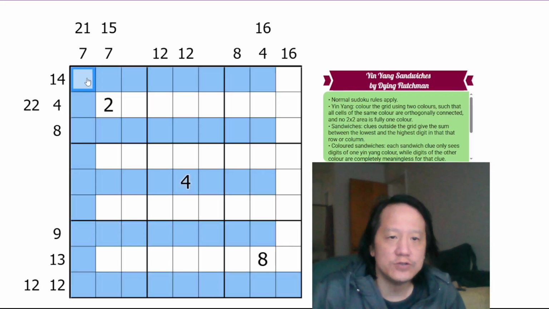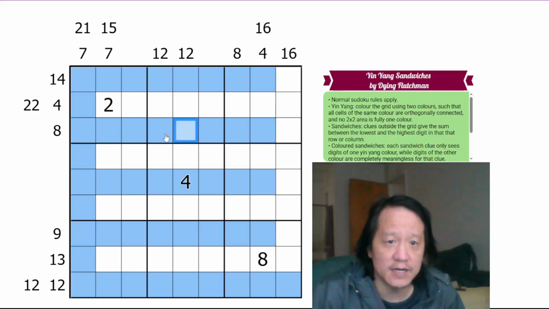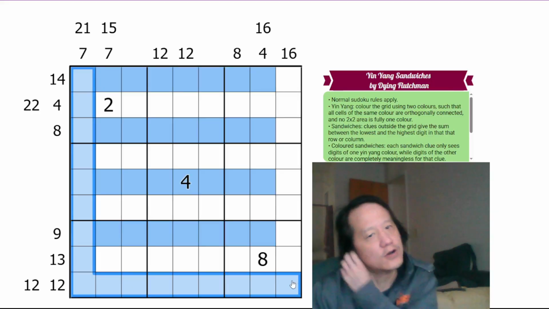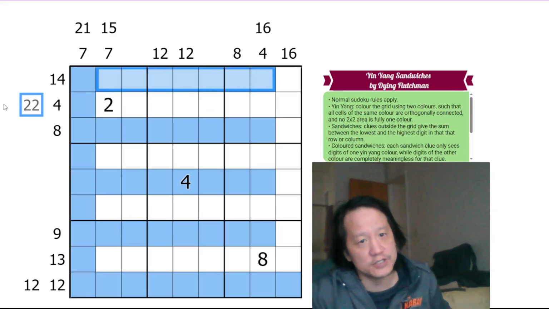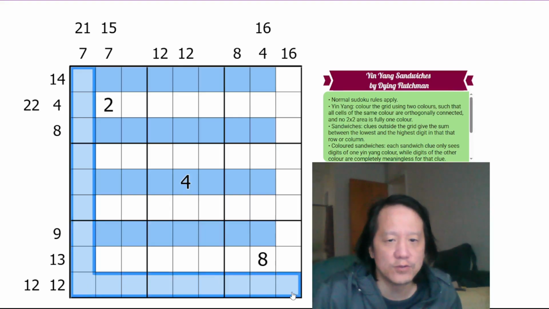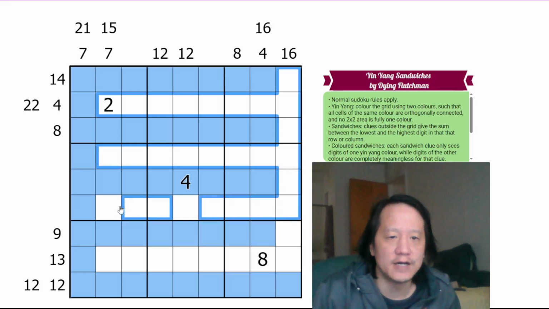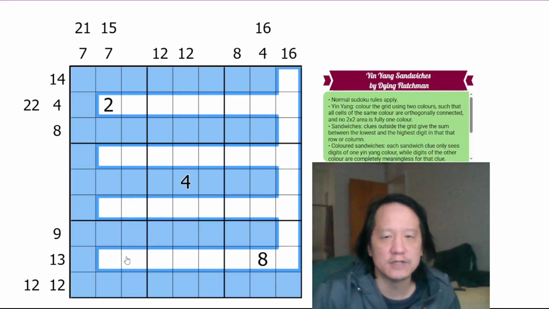What it means for a region to be orthogonally connected is you can go from any cell in one region to any other cell of the same region just by going through edges, all while staying within the region. So to get from here to here, you have to go here and then along this way and then there. You have the same with this non-shaded region, which we'll be shading a different color.